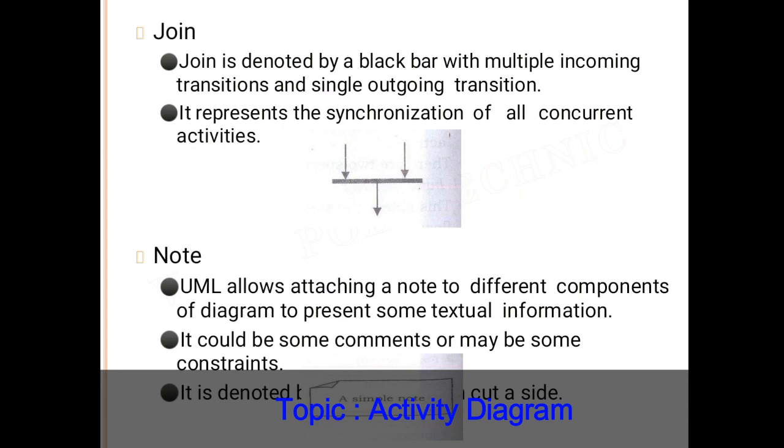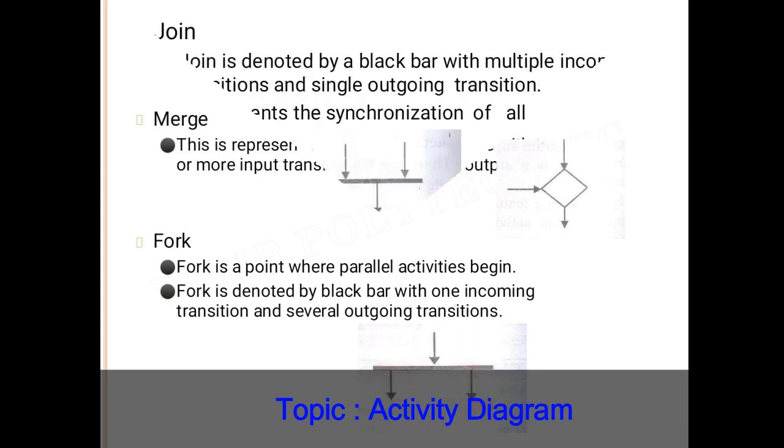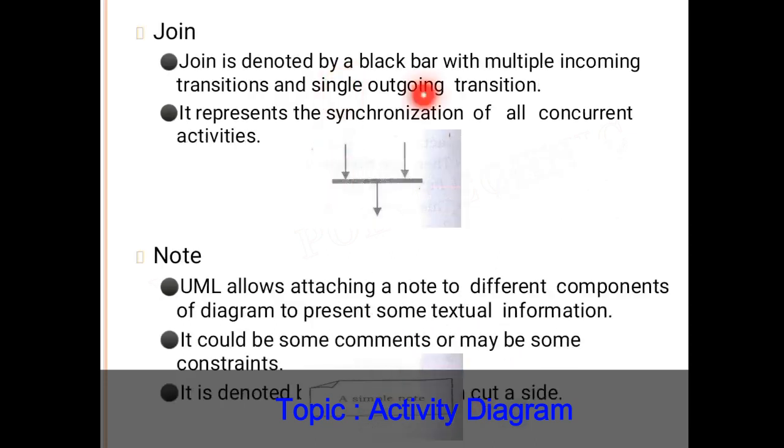So here this shows multiple incoming arrows with a black bar and a single outgoing transition. So in fork there is a single incoming and several outgoing, and in join multiple incoming and a single outgoing.